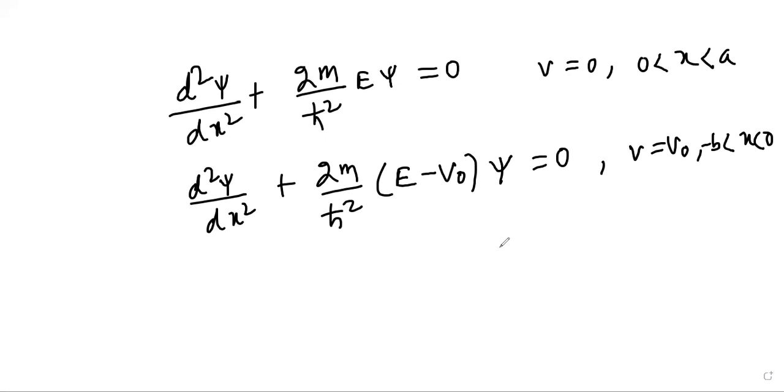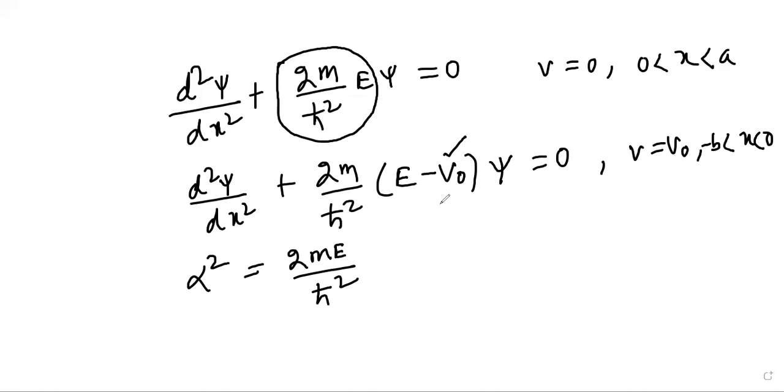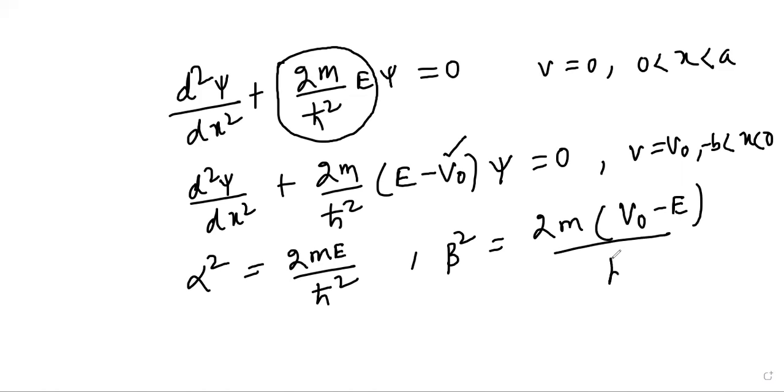Assuming that the energy of the electrons is less than V0, we will define two real quantities alpha and beta in such a way that alpha squared is given by 2mE divided by h bar squared, and beta squared is given by 2m into V0 minus E, divided by h bar squared.